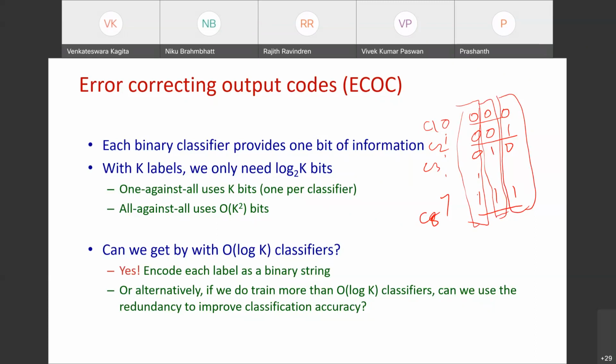So you learn a classifier 1 here, a classifier 2 here, and a classifier 3 here. So what am I saying? If the data is given to you, where should I write? Let me find some space. Let me erase this.